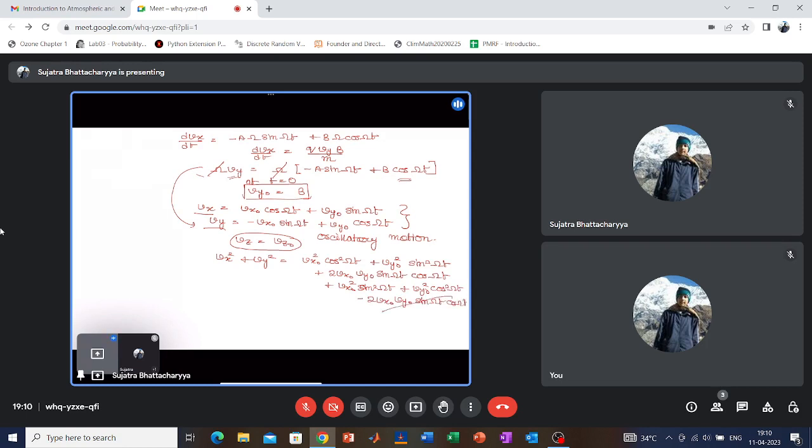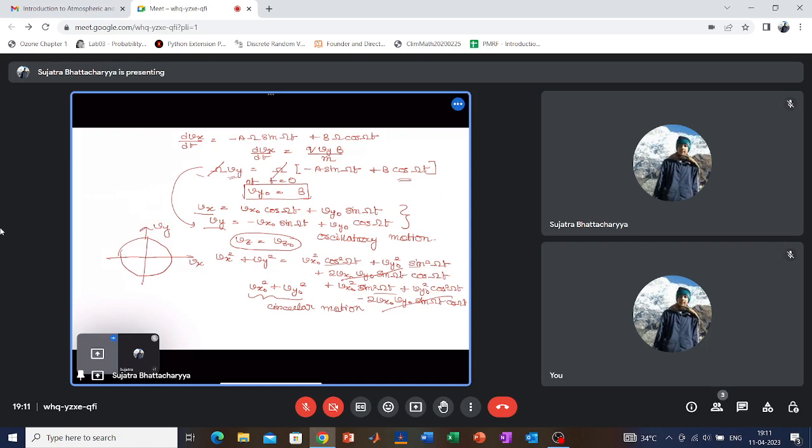So these can be chopped out, and this comes out to be nothing but Vx0 square plus Vy0 square. So what does this represent? This is some kind of a circular motion in the velocity plane, in the Vx and Vy.